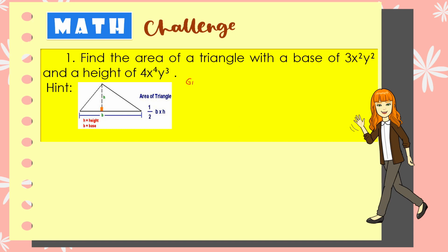So, what are the given? The given are the base, which is 3x squared and y squared, and the height is equal to 4x raised to the 4th power and y cubed.